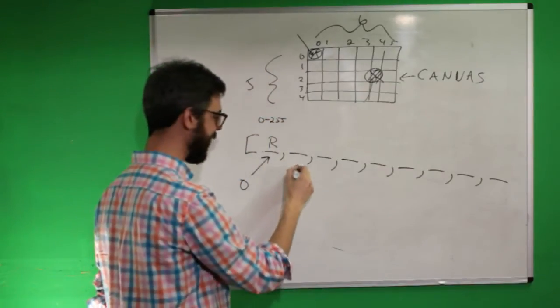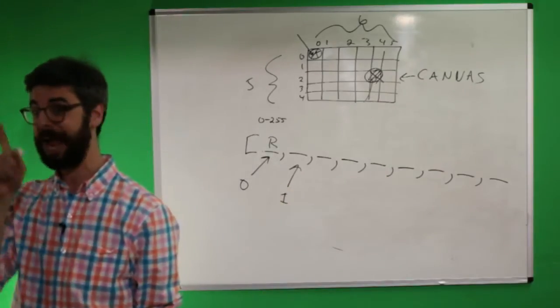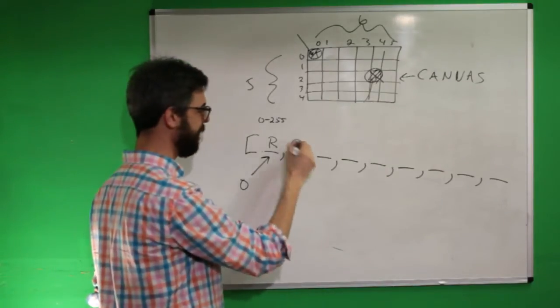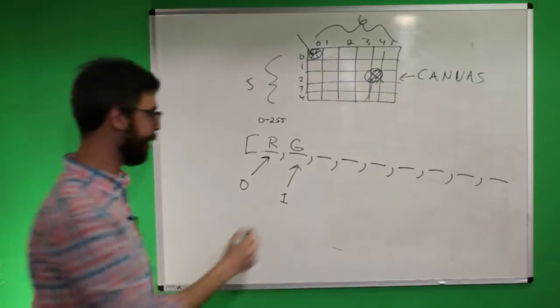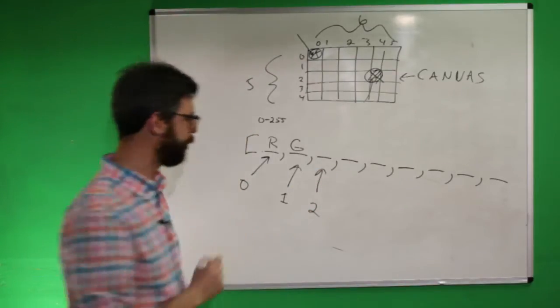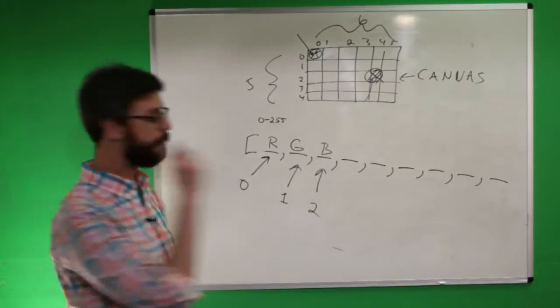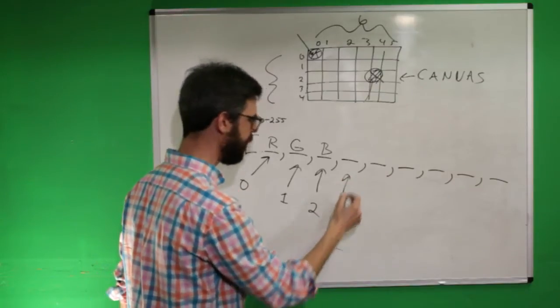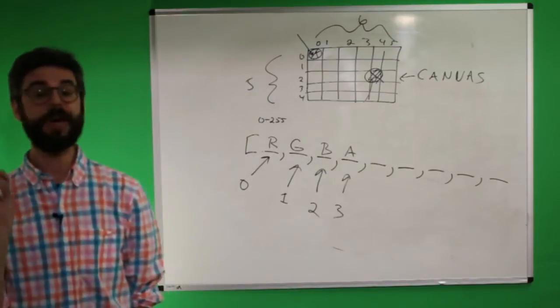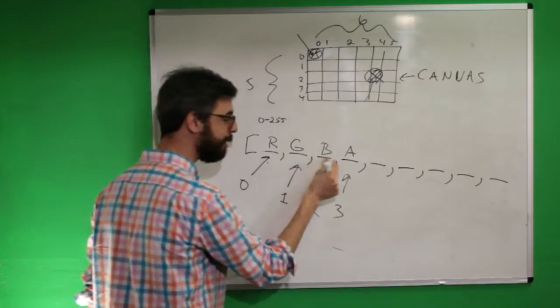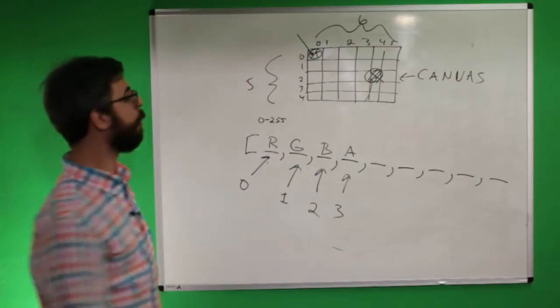The second element, index number 1 in the array, refers to the green value for that particular pixel. The third element, or index number 2, refers to the blue value. And the fourth element, or index number 3, refers to the alpha value. So it takes 4 spots of the array for 1 pixel.